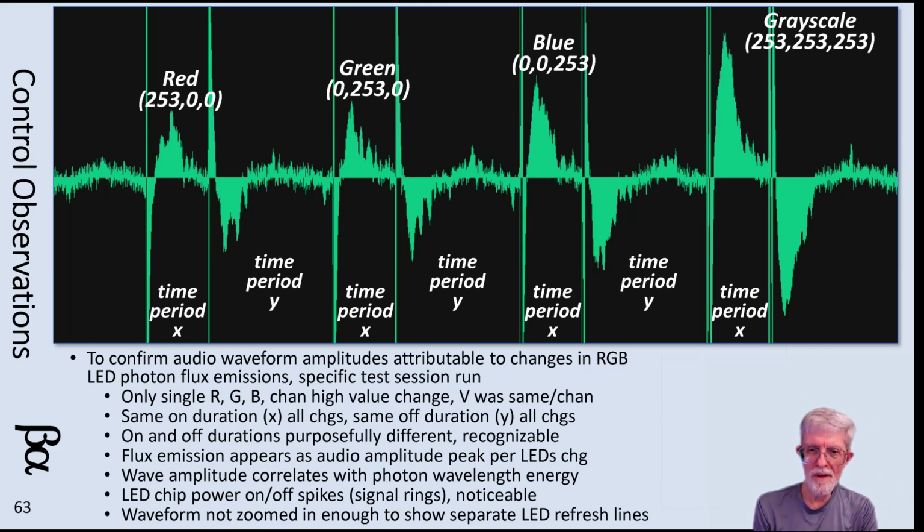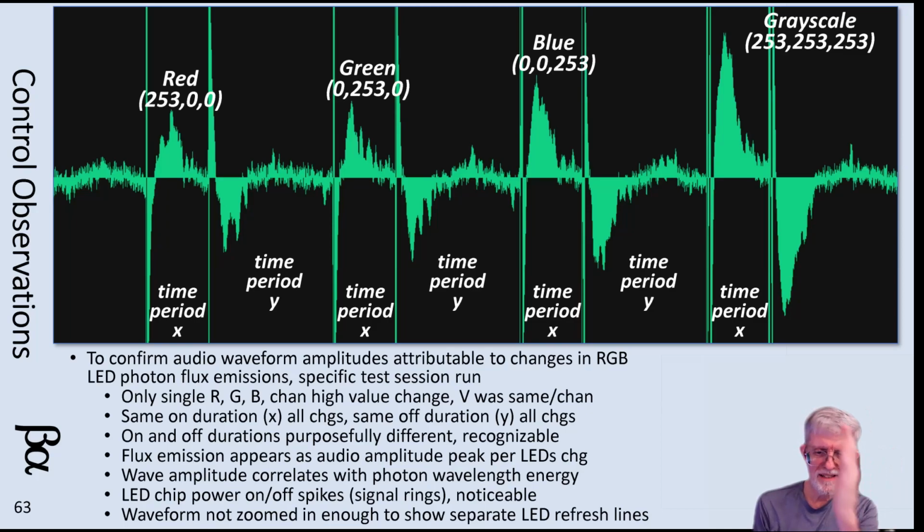And you can see on the green, blue, and certainly on the grayscale, the power level certainly came down. But the time period at which the power was on that made the peak signal versus the time period it was allowed to cool down, those two time periods were different.